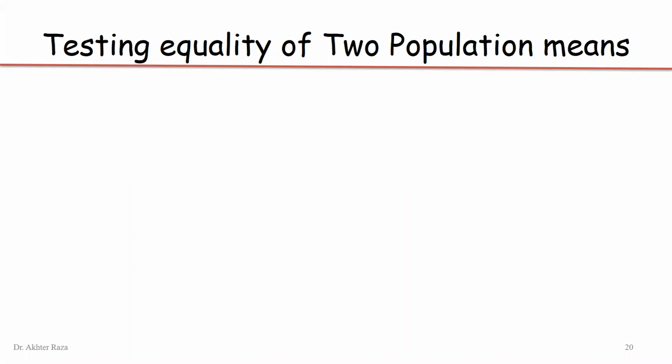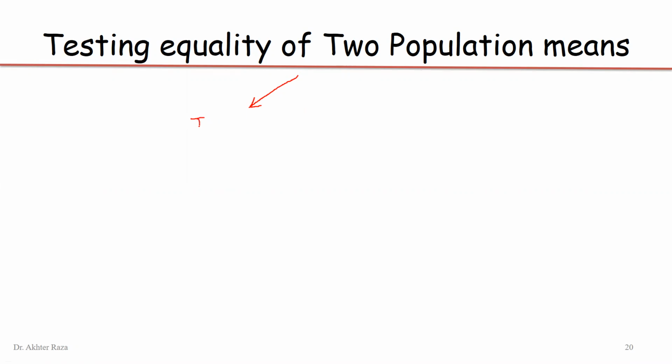Hypothesis testing for the equality of two population means. This is a general technique and it can be extended into two major categories. One of them is if we have two populations and the samples are selected independently.